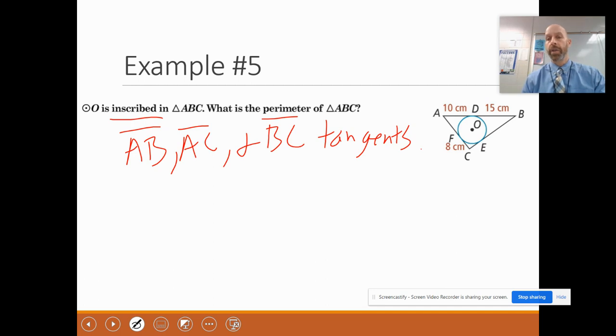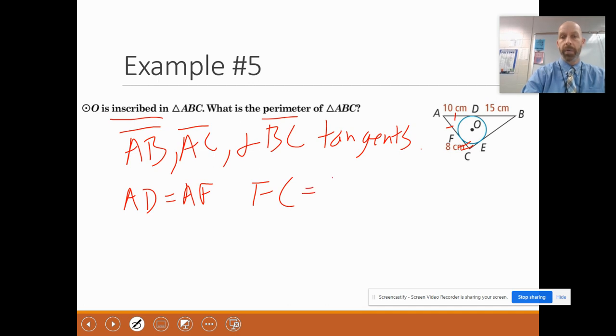Since they're all tangents, we know that segment AD has to be congruent to segment AF. So AD's measure has to be the same as AF. We also know that FC has to be equal to CE.